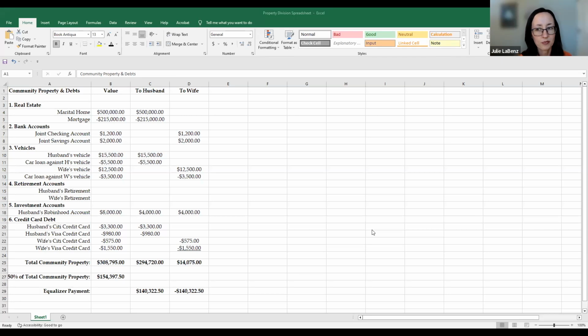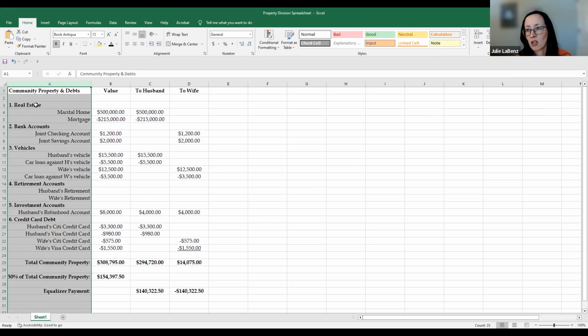Here we go. All right, so this is a made up example of a property division spreadsheet. You can see here in this first column, this is your list of assets and debts. I put in some property categories here to help you think of different types of property to include.